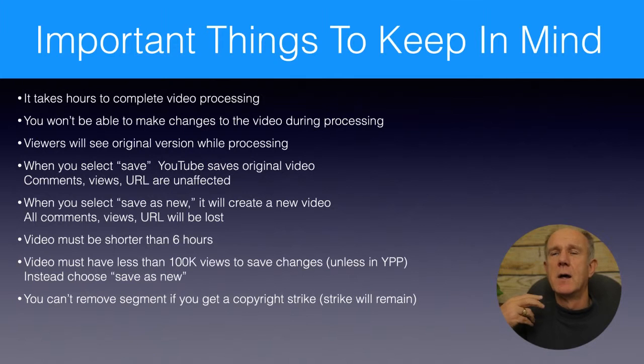But if you have an audio claim, say you've used audio in your video that's like 5 seconds and somebody complained about it, then you can remove that segment. Alternatively, you can mute the sound of that video. Now, some people asked, can you add a voiceover? No, you can't add a voiceover in the YouTube video editor at this particular time. So maybe they're going to add that later.